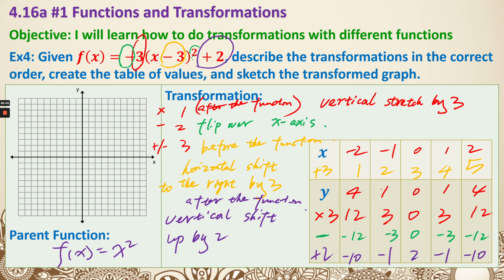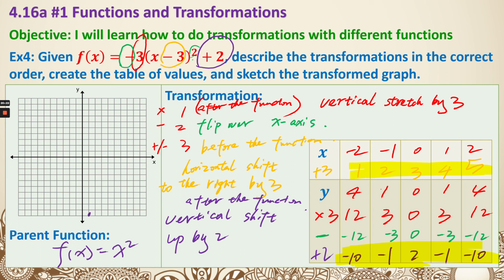So let's graph. The numbers we are actually looking at to graph are going to be these. These are our new x, these are our new y. So that's why we are going to graph these. 1, -10, 1 is at -10.